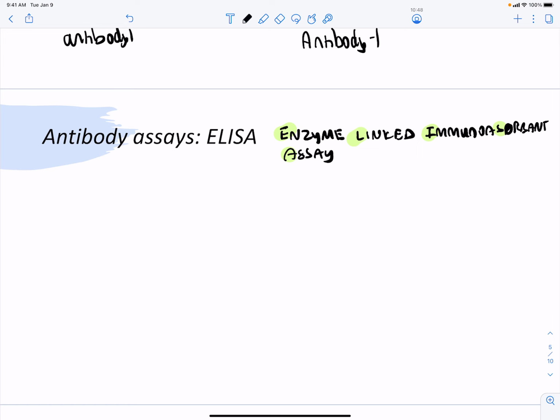An ELISA is very sensitive and simple. It basically uses the approach that you are going to have a particular antibody that's specific for a particular antigen.